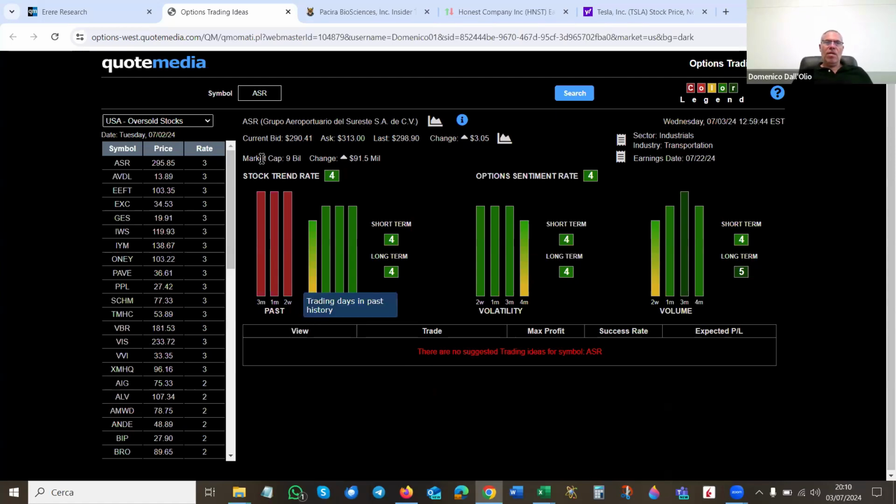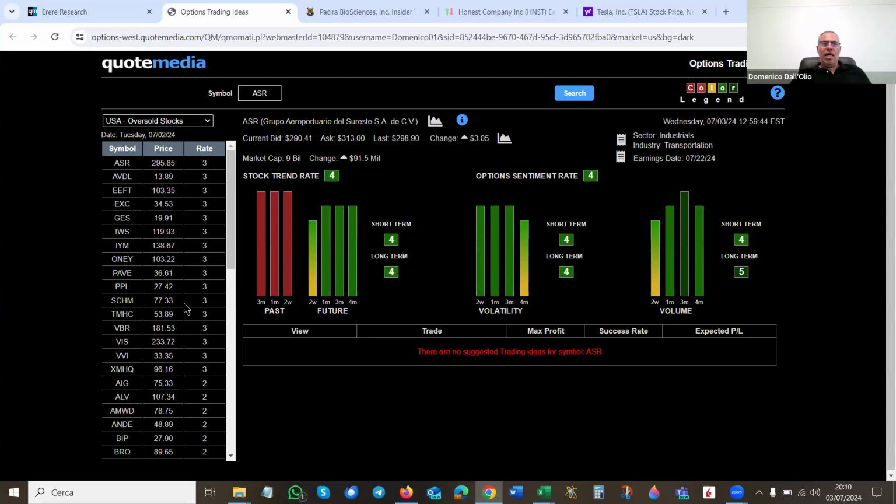So these are all stocks and ETFs on which you might take into consideration ideas such as naked put selling or put credit spreads or some other strategies aiming to reach a gain if the stock doesn't keep going down.